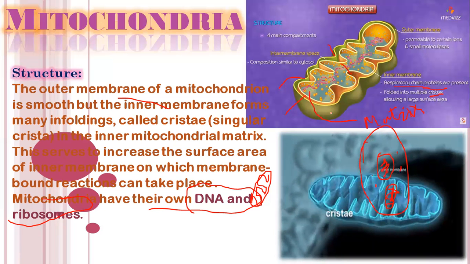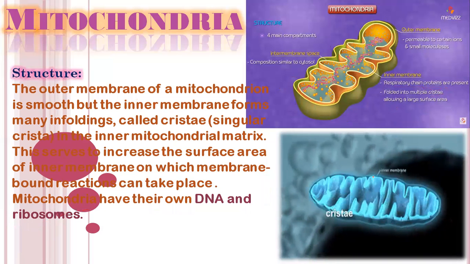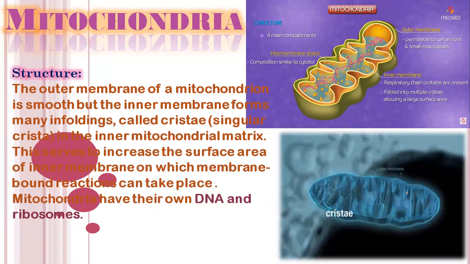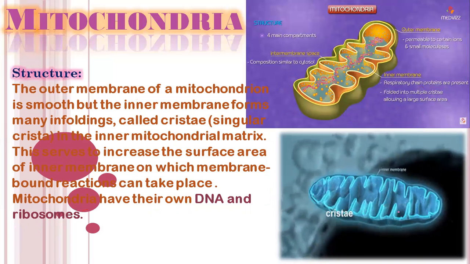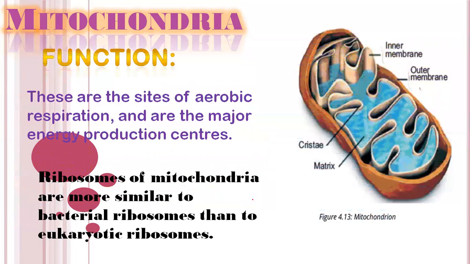So here you can see the structure of mitochondria. This is the inner membrane. And this is called cristae, like it appears in the microscope. So its function is aerobic respiration. Aerobic respiration means respiration in the presence of oxygen. Aerobic, like in the presence of air, and air means oxygen.